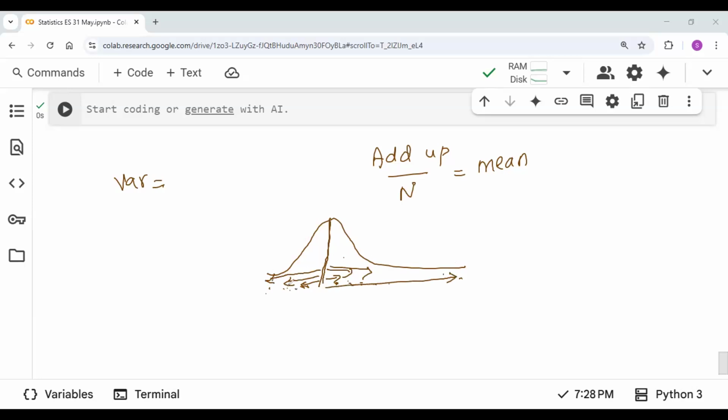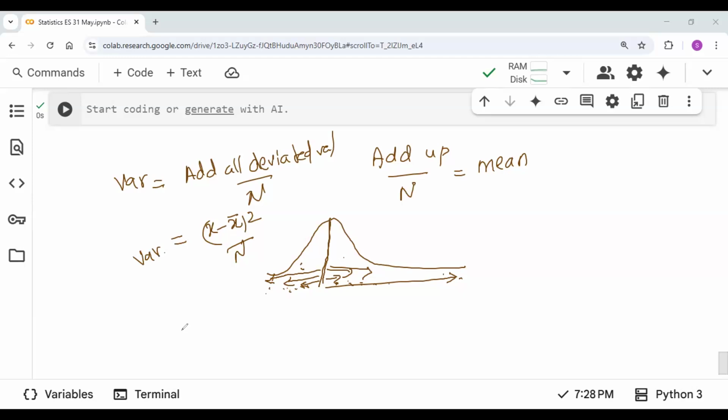Finally, it adds up all the deviation values and divides by the total number of values. So that gives you the average, which can be calculated as the sum of (x minus x bar) squared, divided by n. That is what gives you the variance.